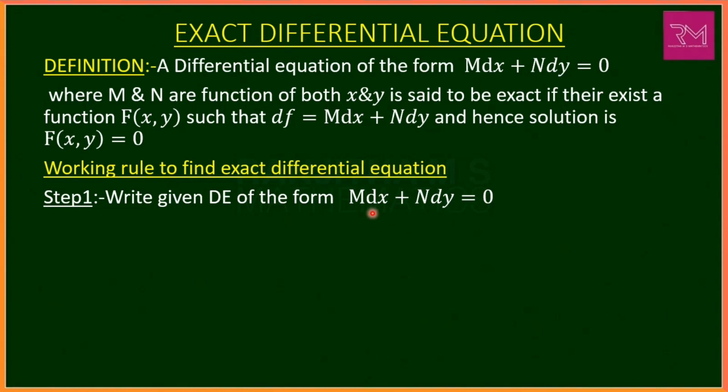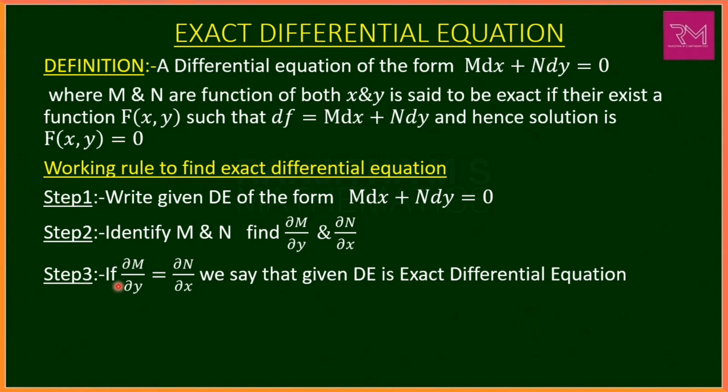Step 2: identify M and N, then find del M by del y and del N by del x, the partial derivative of M with respect to y and the partial derivative of N with respect to x. Step 3: if del M by del y equals del N by del x, we say that the given differential equation is an exact differential equation.